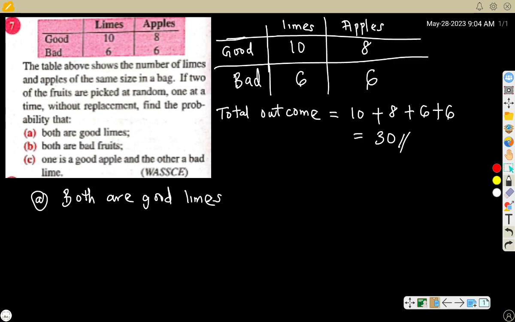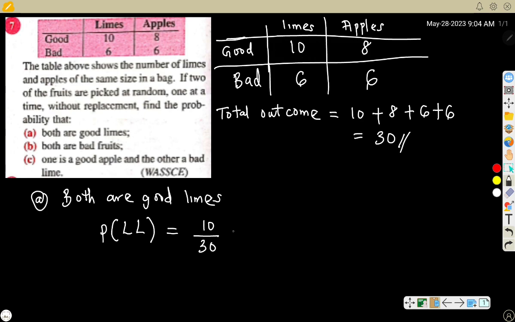So now both are good limes. I'll represent limes as capital L. If the first is good, the probability is 10 divided by 30, because total outcome is 30 and the number of good limes is 10.